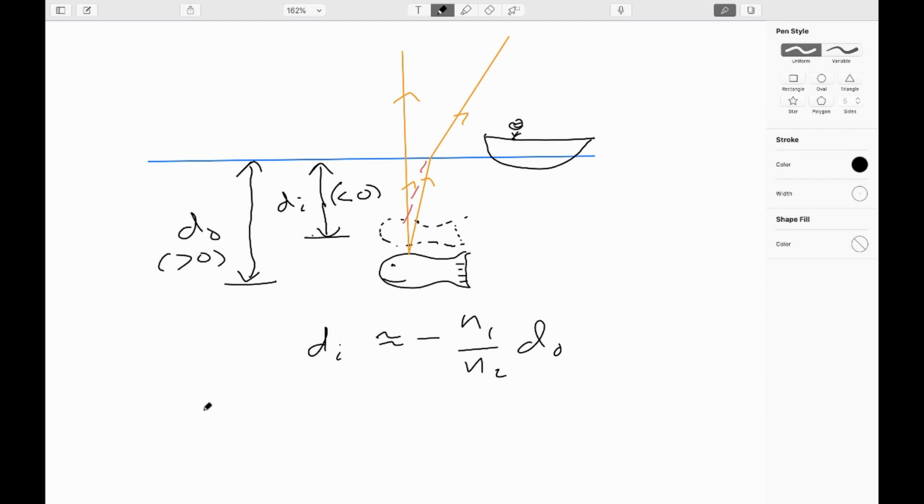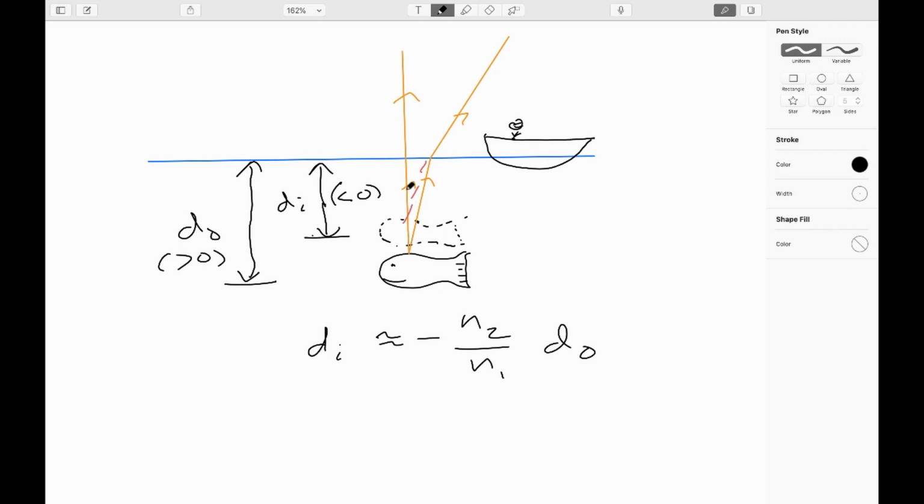So in the case of water, the index of refraction of water is about 4/3. So then this is minus, sorry, this is n2 over n1 times DO. But we have to be very careful.